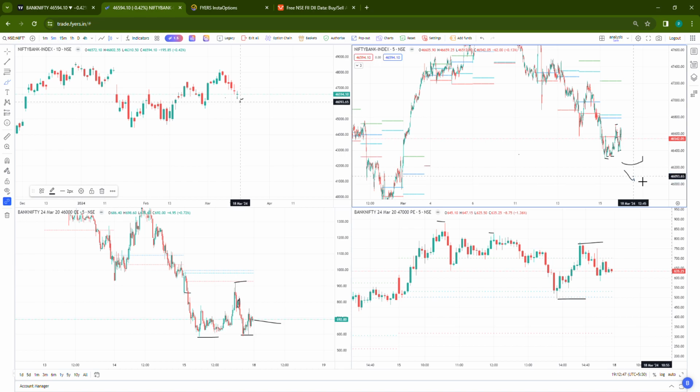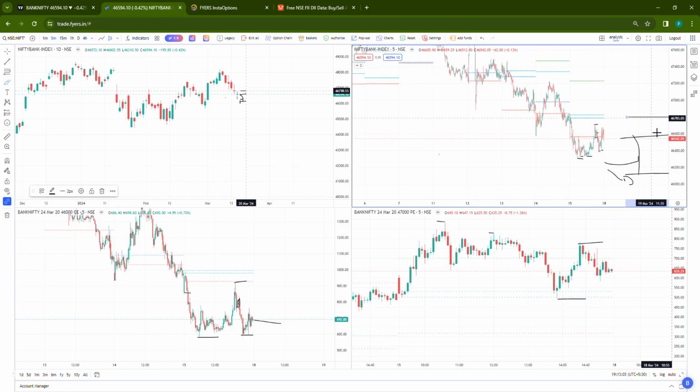Once the green candle high is broken, we can enter a trade till the previous day's close. This would be a sharp reversal, and the second target would be around 46,800. That would be the best trade for tomorrow.